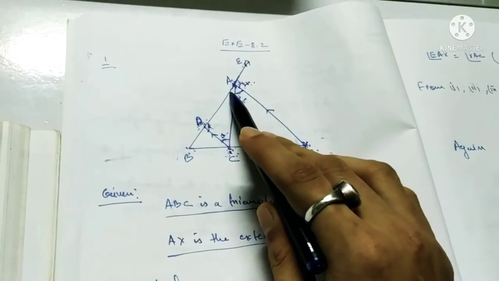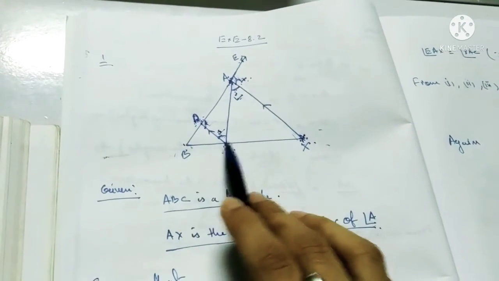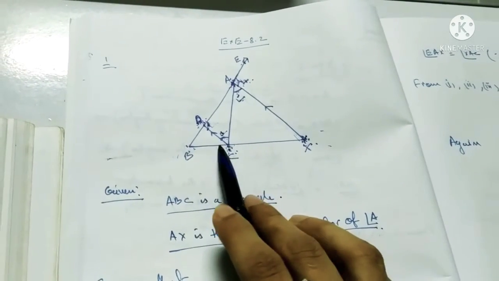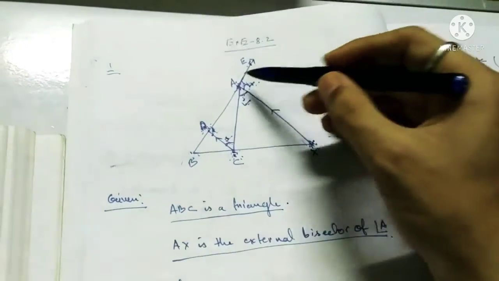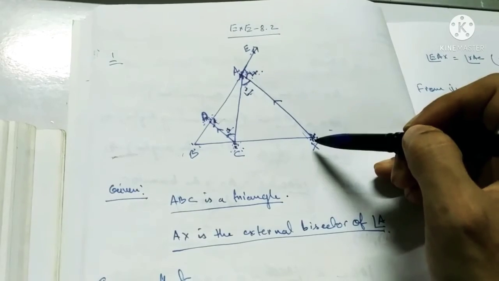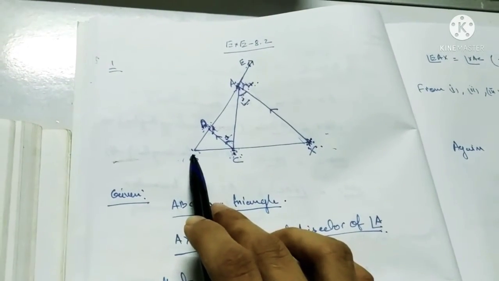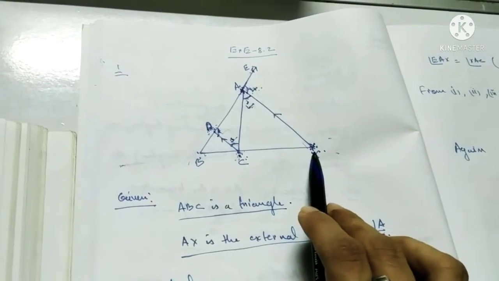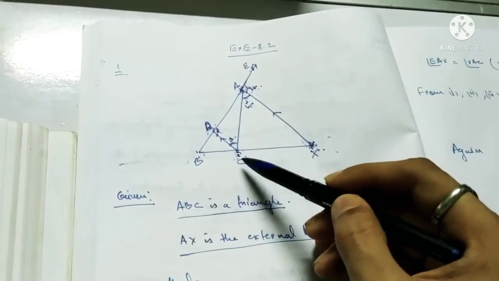Now here I have taken the external bisector of angle A. The side opposite to angle A is BC. BC I have extended to X. So here I am saying that AX divides BX in the ratio of the other two sides.